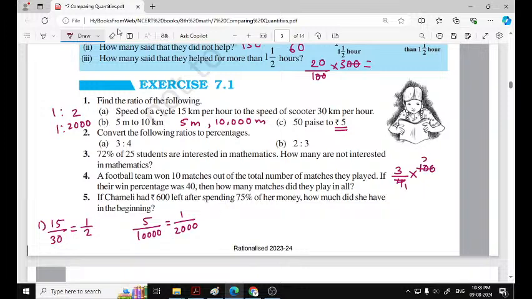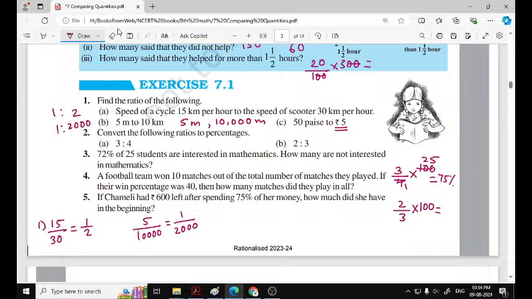That is 3 into 25, which is equal to 75%. Similarly, 2 upon 3 into 100. This answer can be written as a mixed fraction.